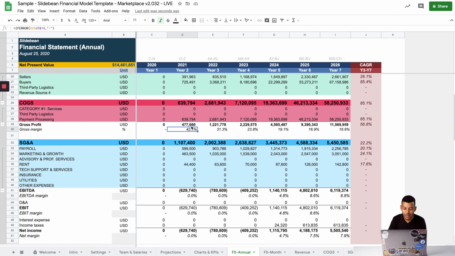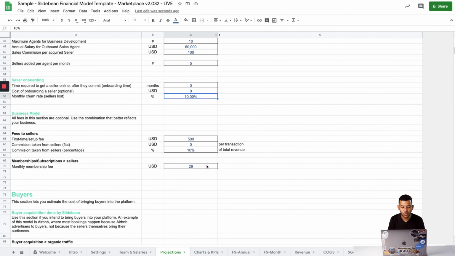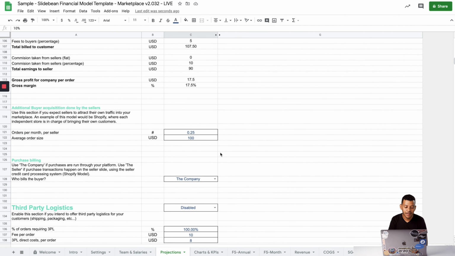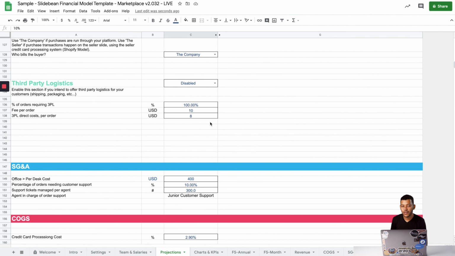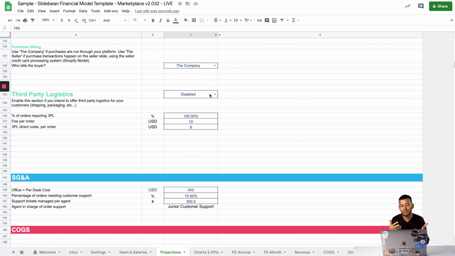Great. So the last part that's a little bit cool, if you're doing a business that deals with shipping, for example, a marketplace, a merch type of marketplace, you can add third-party logistics here, and you can enable this. This is disabled by default, but you can say what percentage of orders require third-party logistics, meaning shipping, drop shipping, and all that stuff. Let's say that 10% of the orders require it, or 100%.